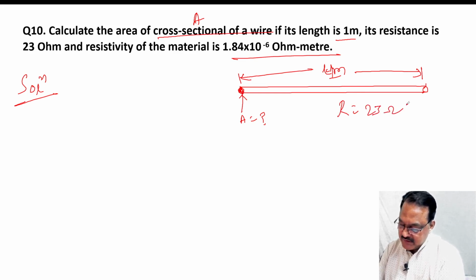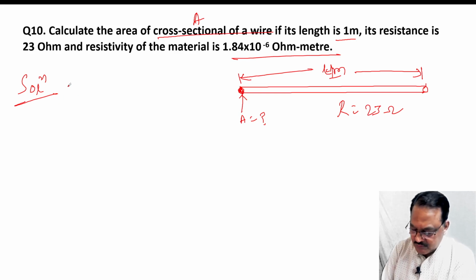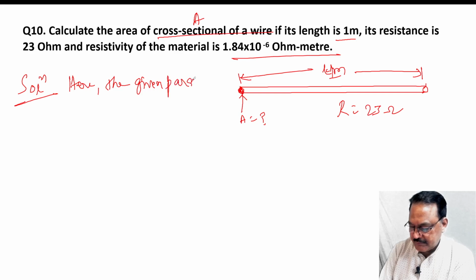Next, resistivity is also given here: 1.84 into 10 to the power minus 6 ohm meter. And we can write here the given parameters.